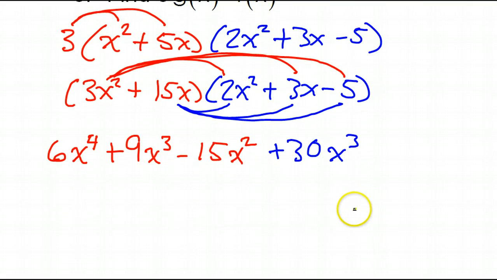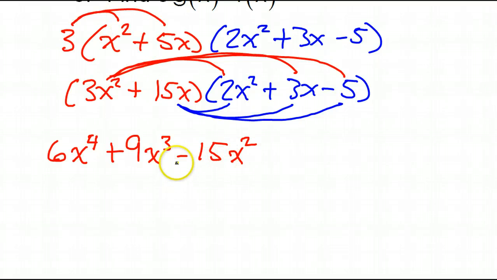But here's what I like to do. See how there's an x to the 3rd power, 9x to the 3rd power? Those are like terms. It helps me stay better organized if I line up my like terms as I go. So again, I recommend you do it the way I do. So I'm going to put my 30x to the 3rd power underneath, so it'll be easier to see what to do next. So I'll continue that.